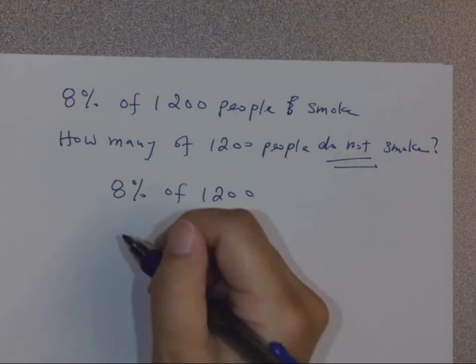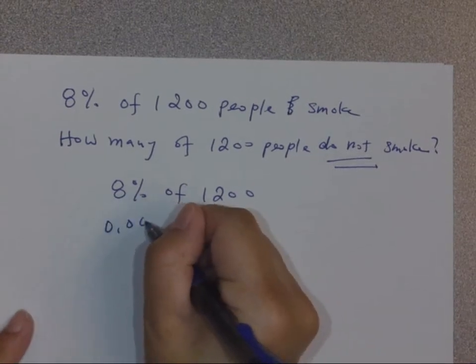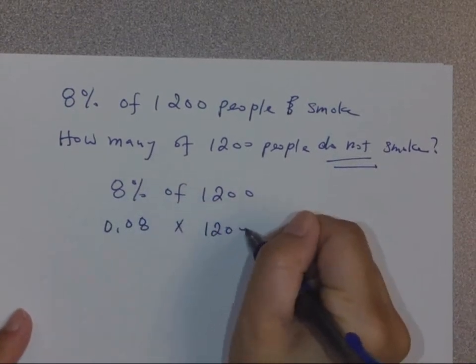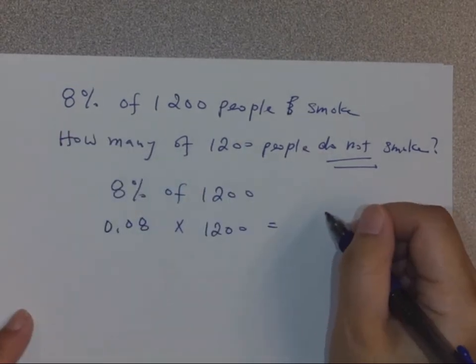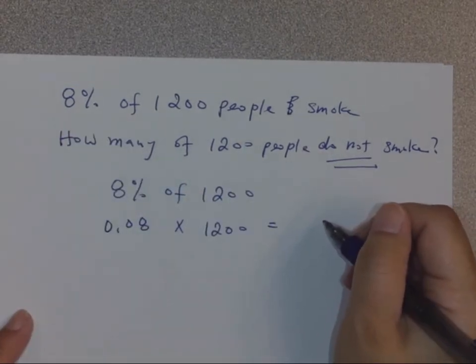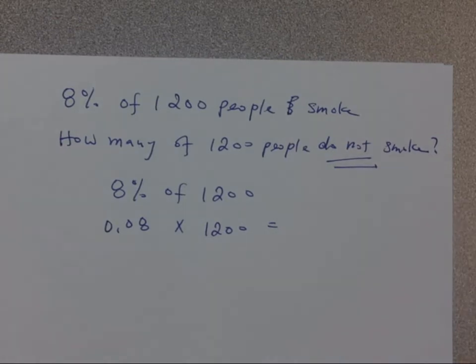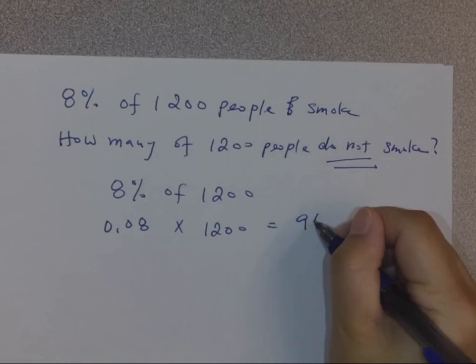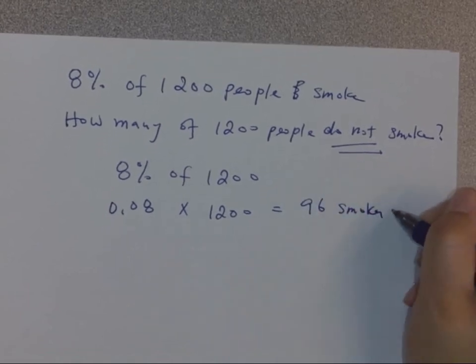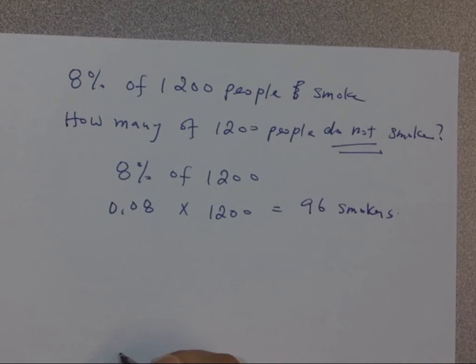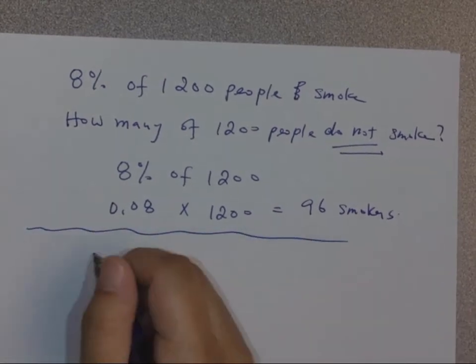So we're going to do 0.08 times 1200 people, which will give me 96. 96 people, those are your smokers. And then they want what? Not smoke.